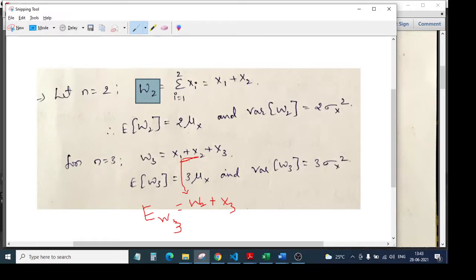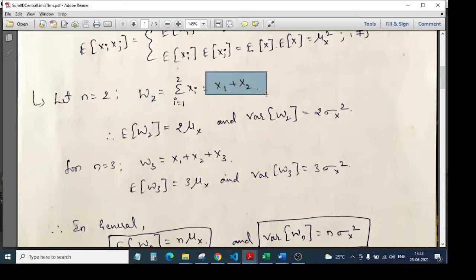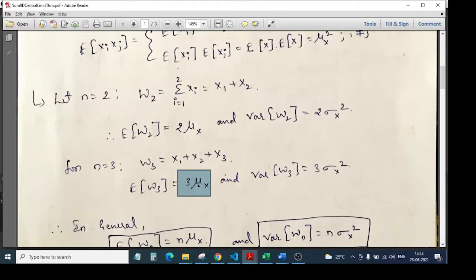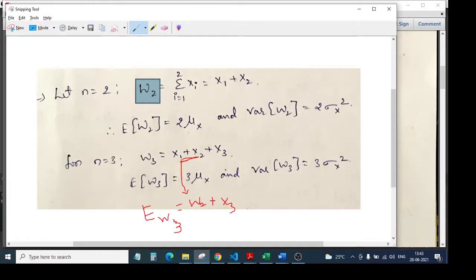Okay. Similarly, we were speaking of X1 and X2, and here we are speaking of this one. So E of W2 is nothing but 2 mu x. I hope this is clear. We are looking at how this 3 mu x comes. So what have we written now? E of W3 is equal to W2 plus X3. That means, what is W2, friends? W2 we already know: E of W2 is 2 mu x.